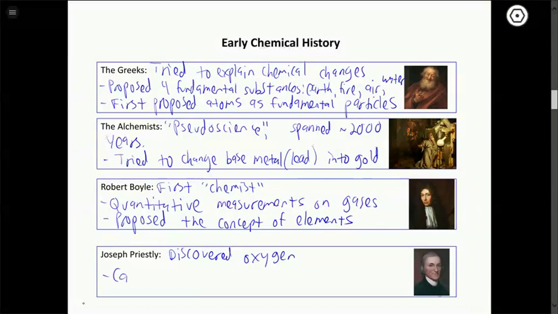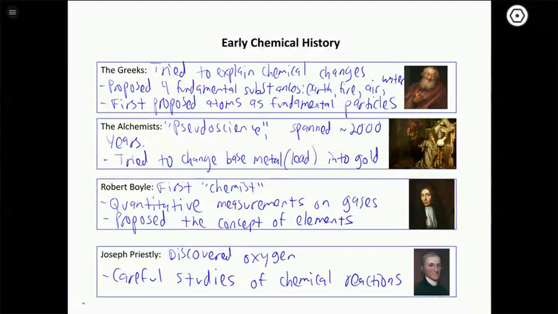So he was the first person to do careful studies of chemical reactions, which is the process of converting one substance into another, something that hadn't been done before. He made very careful observations and learned a lot about how chemical reactions work, and he's another very important figure in early history.